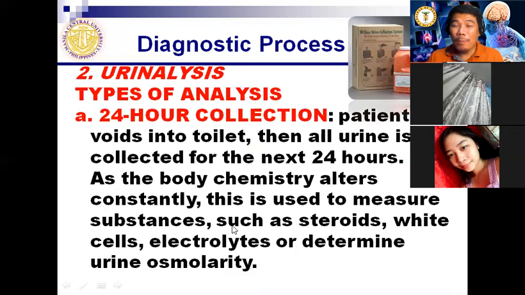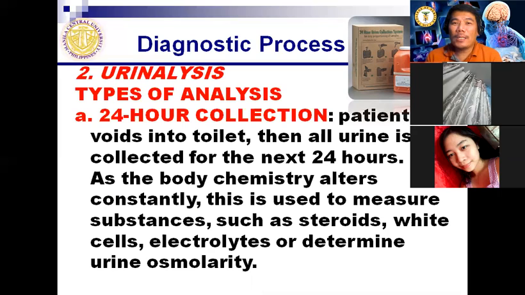So before we proceed with the specific components of the urinalysis, let us start first with the types of urine collection that the nurse may engage in to facilitate results and essential findings that will support the specific care management of the client. We have the 24-hour collection.